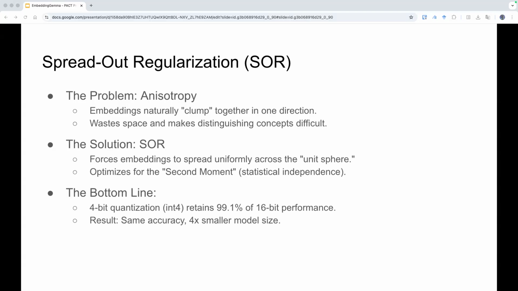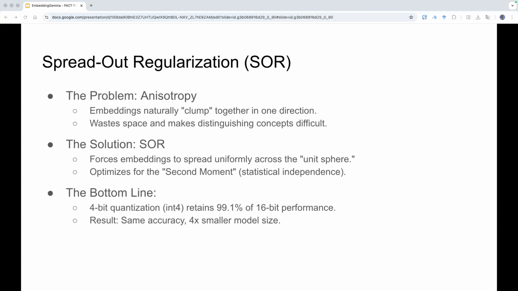So by using this particular method, while retaining the same accuracy, they were able to decrease the model size by 4x by going into 4-bit quantization. Some of the benefits of this method is robust quantization.